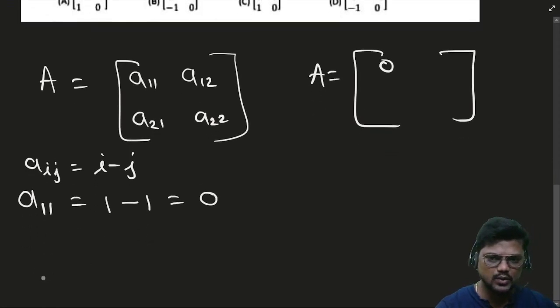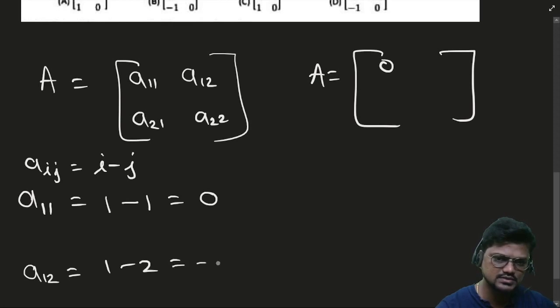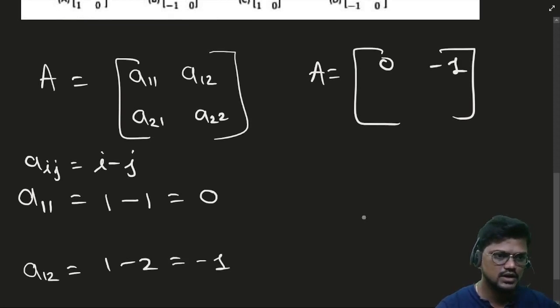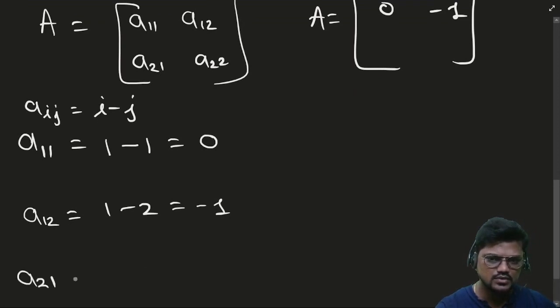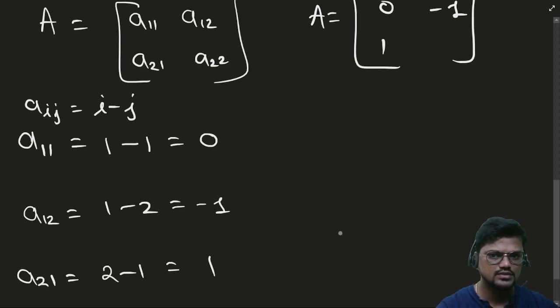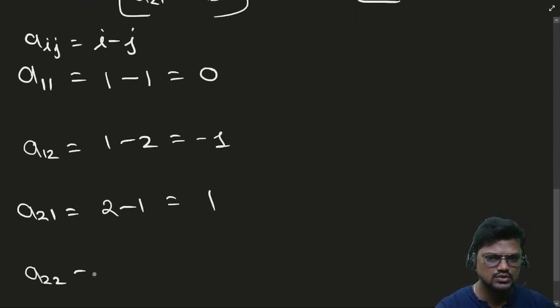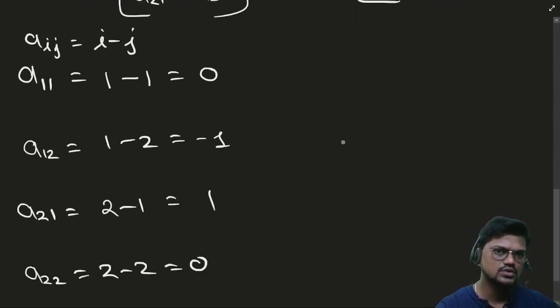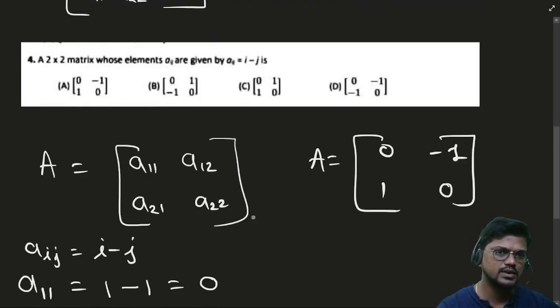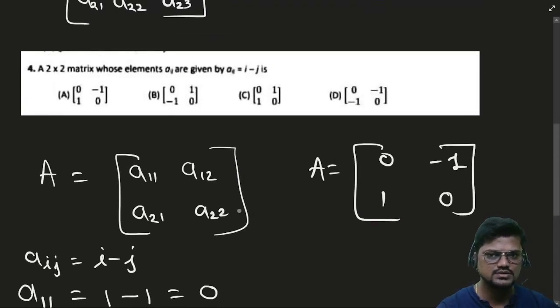What is the next? a12. Again, i minus j. 1 minus 2. Answer is minus 1. Again, over here, a21. Again, it will be i minus j. 2 minus 1. Answer is 1. Again, over here, a22. So it will be 2 minus 2. Answer is 0. So the matrix is 0, minus 1, 1, 0.